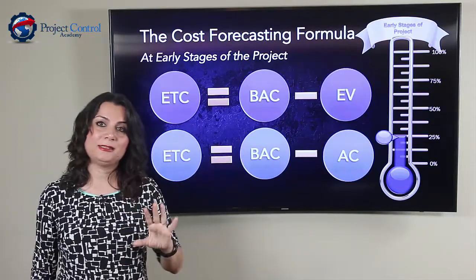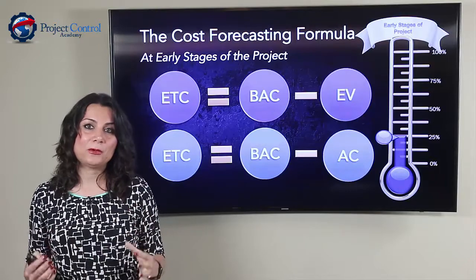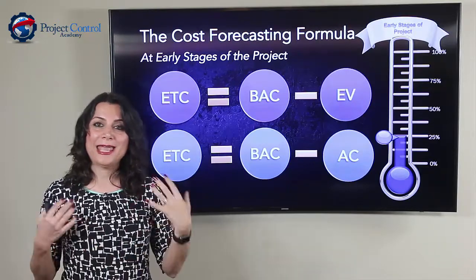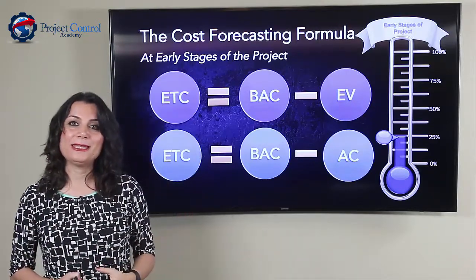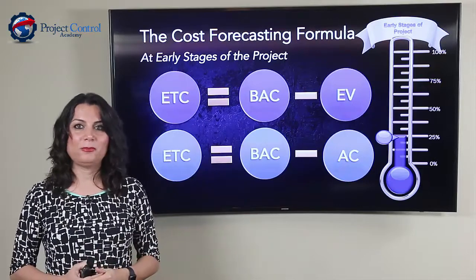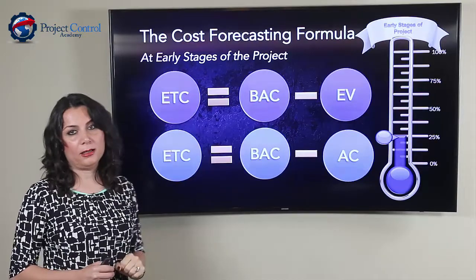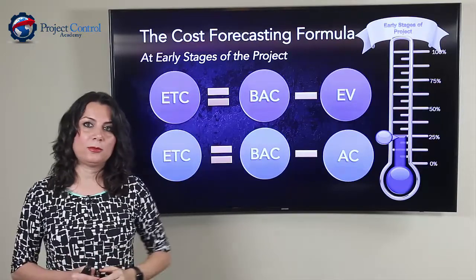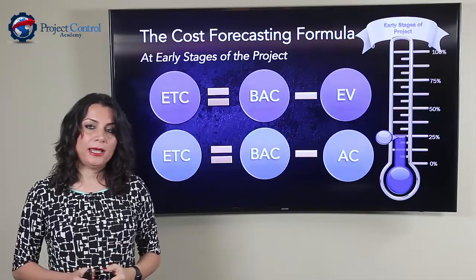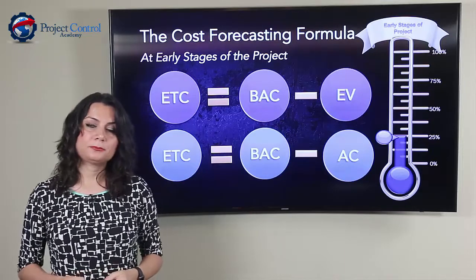But again, it's nothing set in stone. You have to watch your project and your performance and how it's going. But based on my own experience in different projects, I found that it's safe to use this formula early on in your project and not consider the performance factor in your forecast.